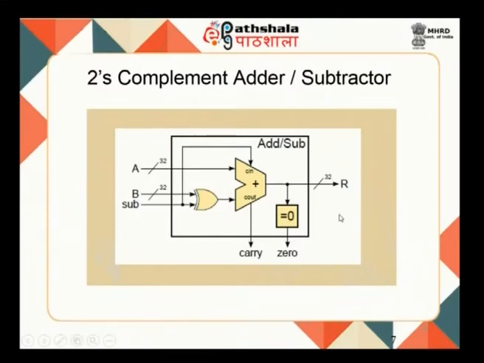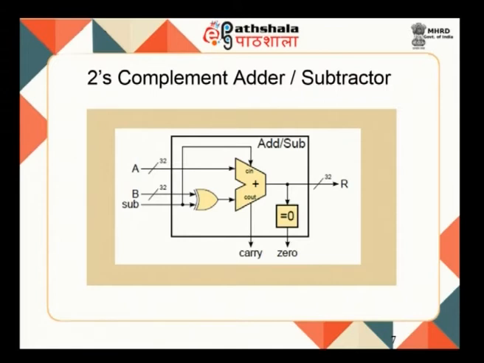If you look at a subtractor to be implemented from an adder, instead of using a separate subtractor, just like how you have a full adder, you can form the truth table for a full subtractor and implement it.